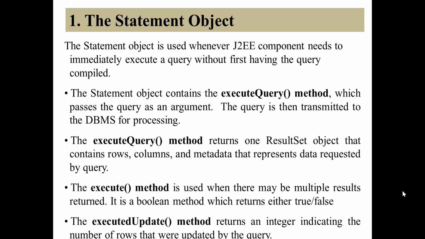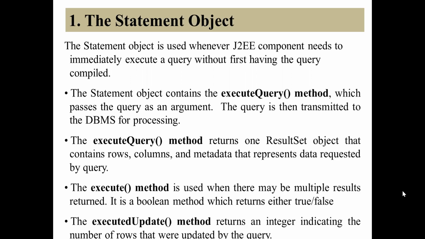The executeUpdate method executes the statement by incrementing or decrementing the data, and returns an integer indicating the number of rows that were updated by the query.